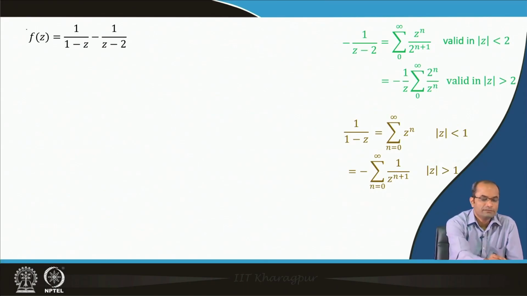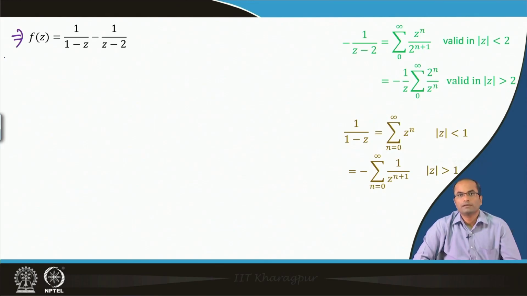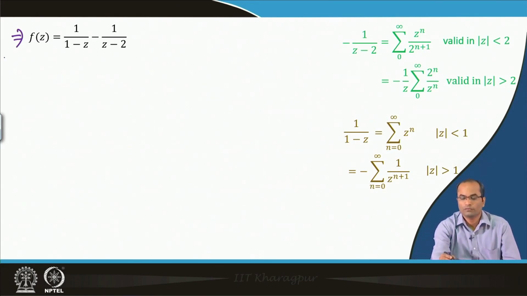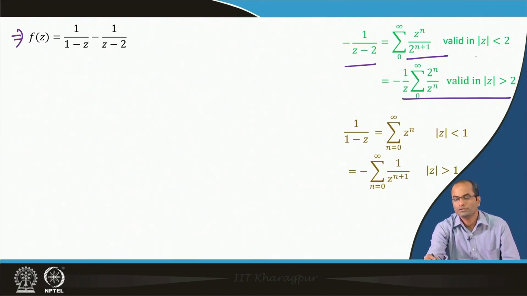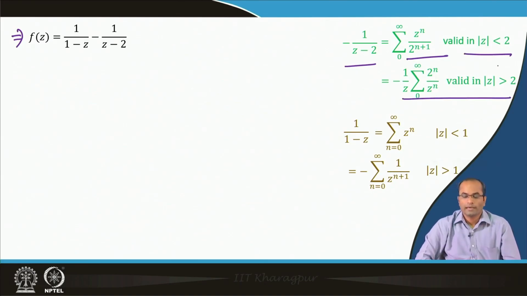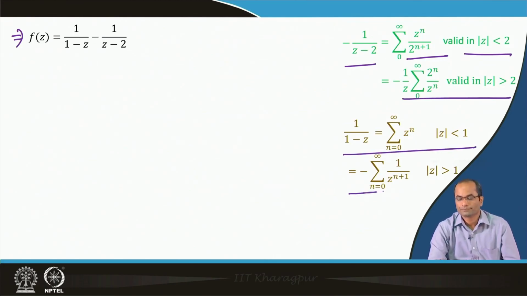Well, so we have this function after the partial fractions and the possible expansions. So, for 1 over z minus 2 we have just seen before, we have these two possible expansions, and for 1 over 1 minus z we have already seen in the first examples.